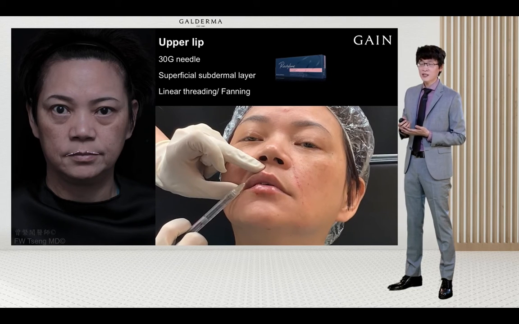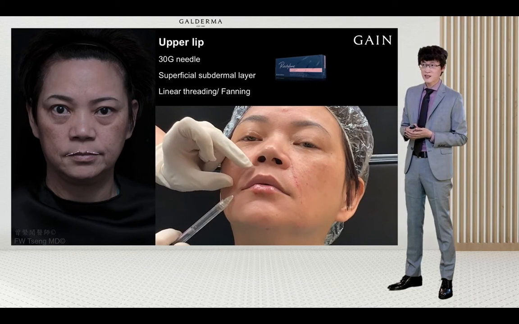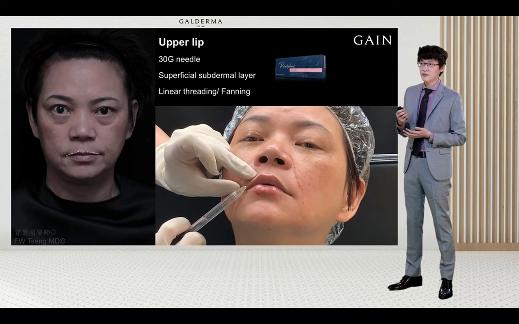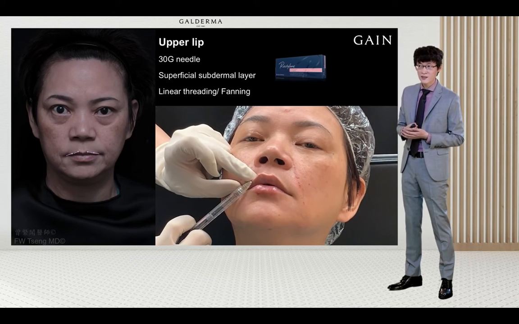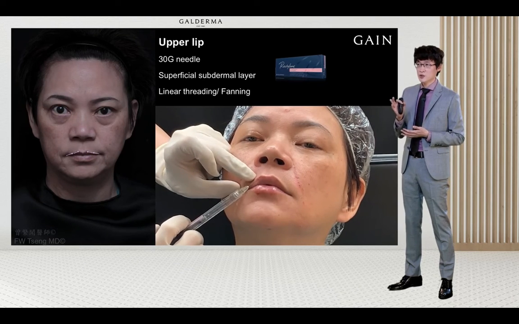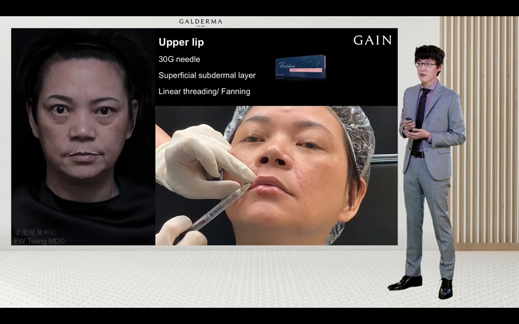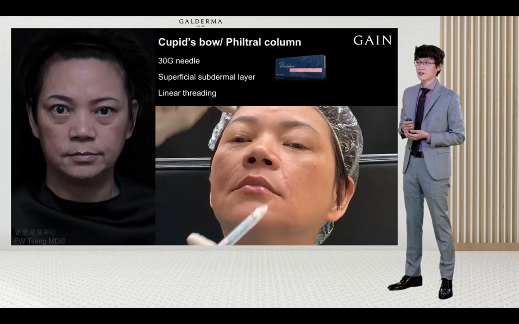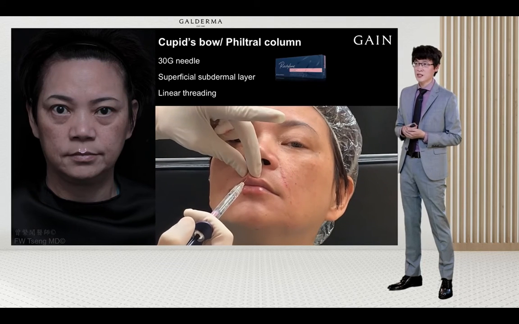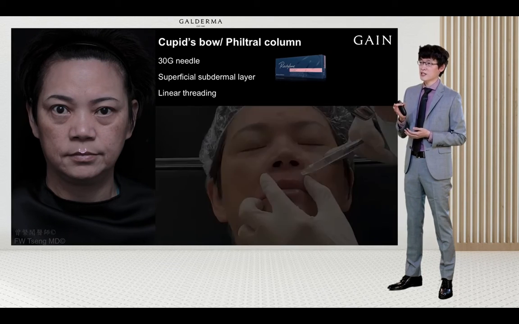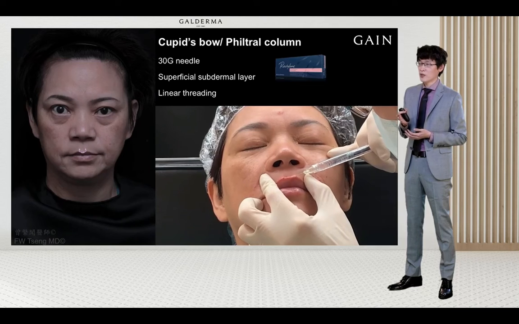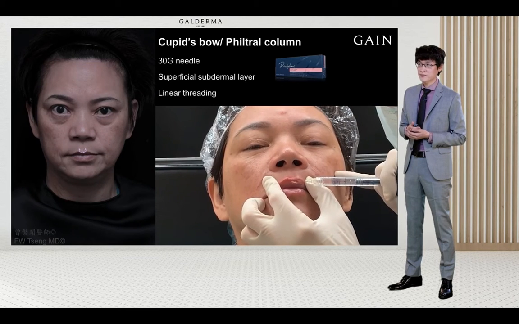I would align my needle almost parallel to the skin and enter the needle from the cutaneous skin and inject superficially in the immediate subdermal layer in a linear threading technique. And you can also use a similar technique to emphasize the cupid's bow and the filter ridges.